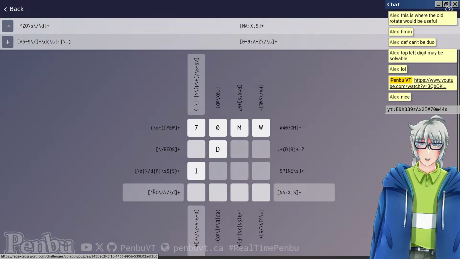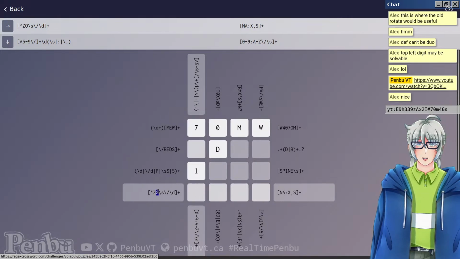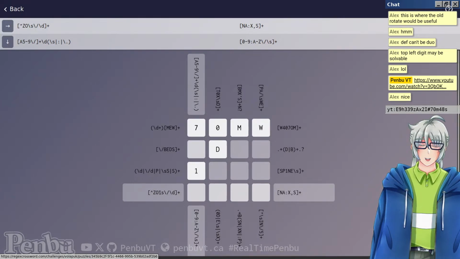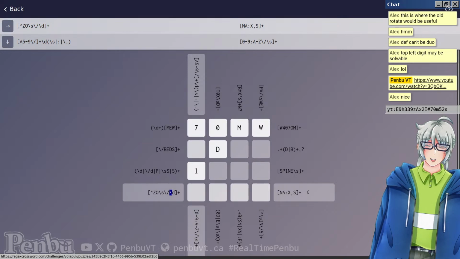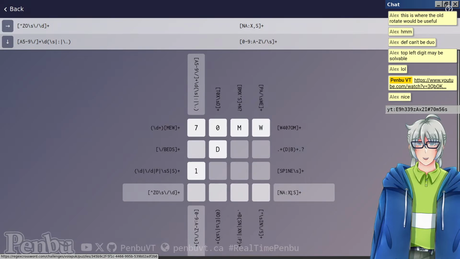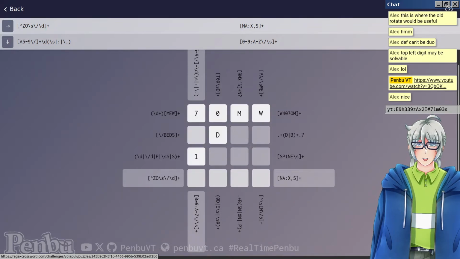So this is anything that's not a Z, O, backslash, or a space, slash, or a digits. And this is forced to be an N, A, colon, X, comma, or S. Doesn't help us too much. Maybe I should start looking up here.